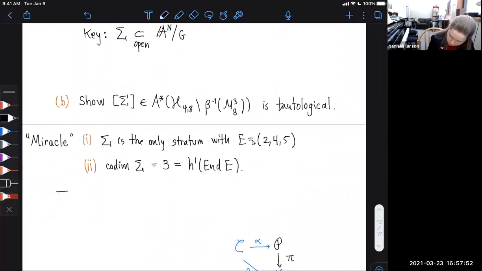This means then that we can compute its fundamental class by certain degeneracy formulas.